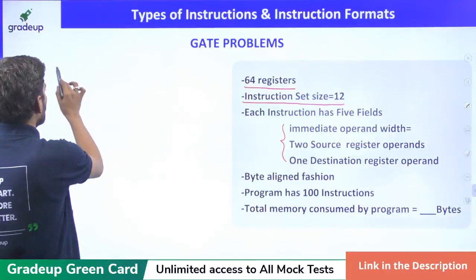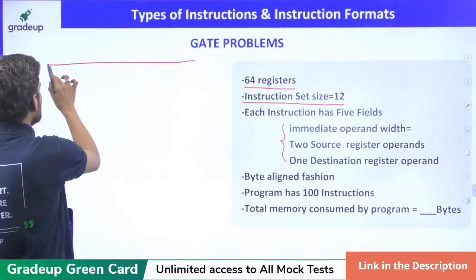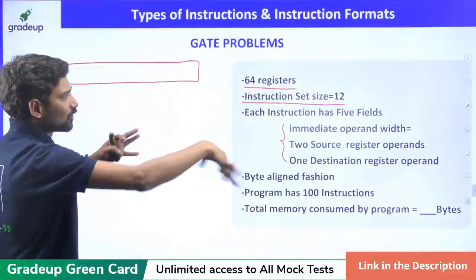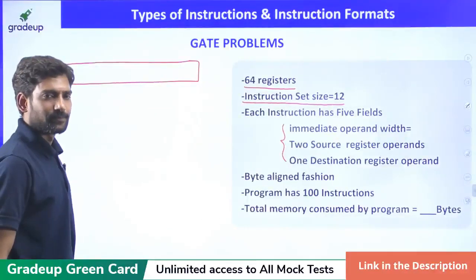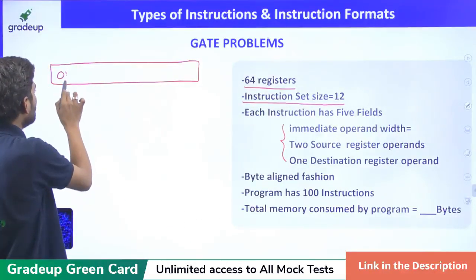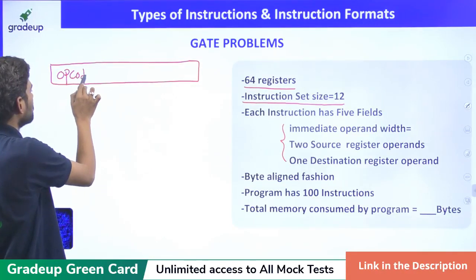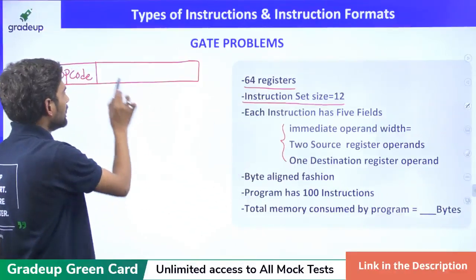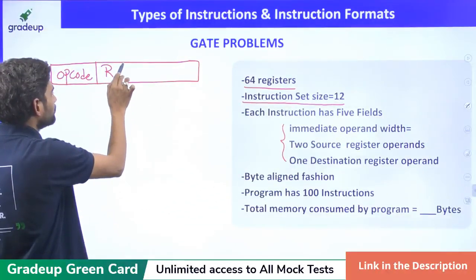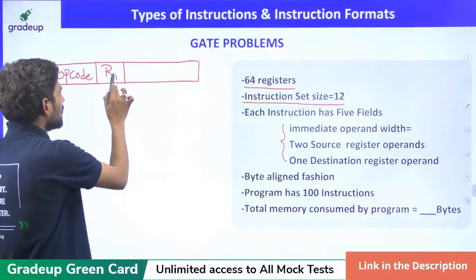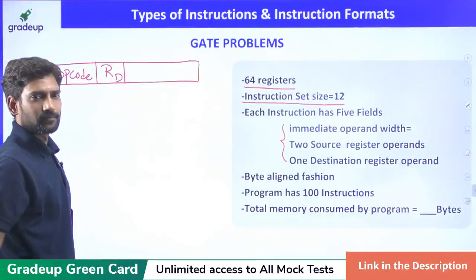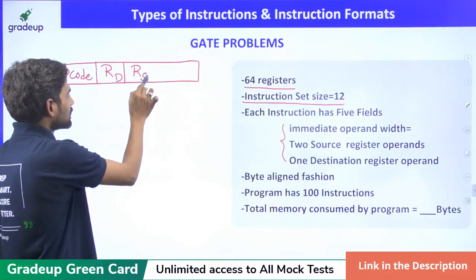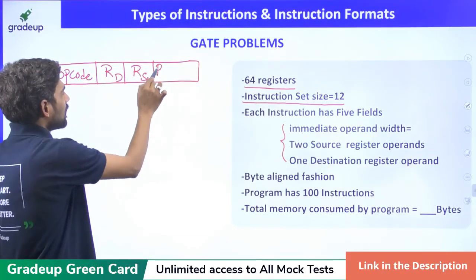So this is the instruction. Now length of instruction is not given. But what fields are there in an instruction? We know opcode is mandatory field. One destination register, let me call it as RD. Two source registers are S1 and S2.